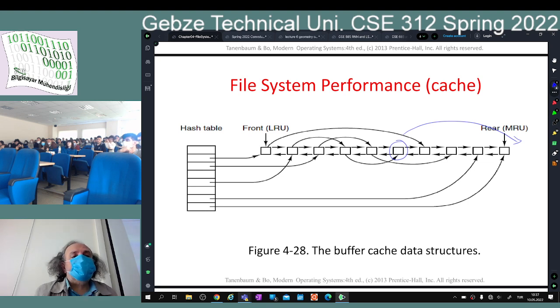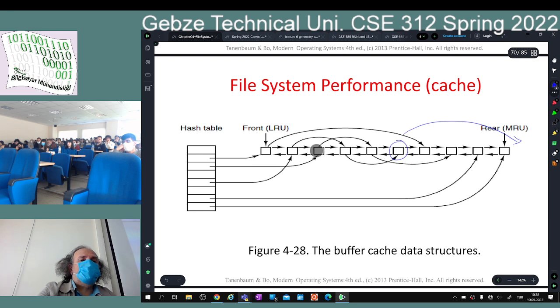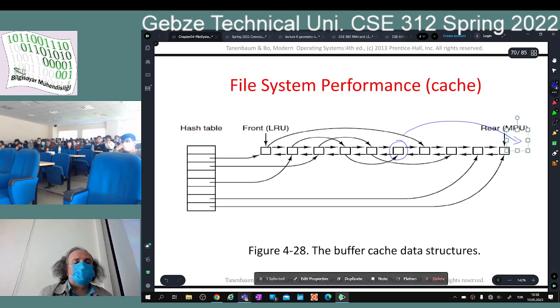But every time you make a reference to a block on your disk, you update its entry. You just say, okay, I have used it, so I am going to make it most recently used. So that's not expensive, because that happens when you try to load a block from the disk. So you can take some time to make data structure adjustments in this case.